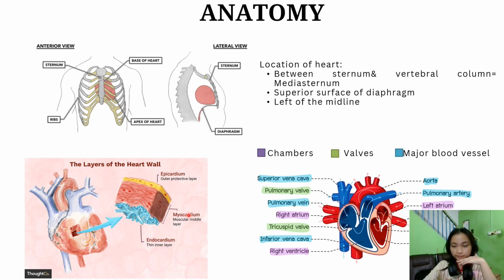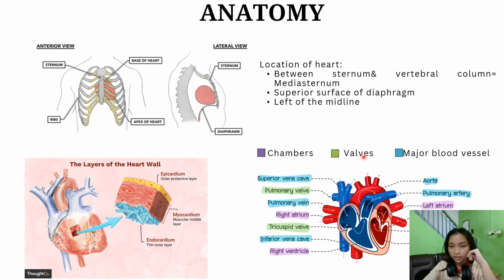In addition, the heart also consists of four chambers, which are further divided into two ventricles and two atria, which I have color coded as purple here.